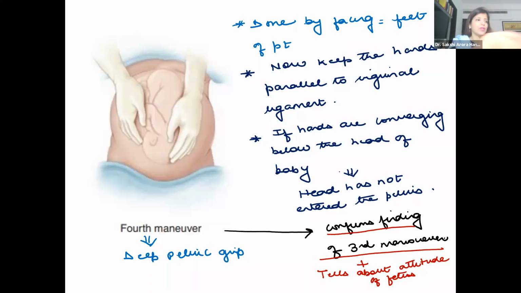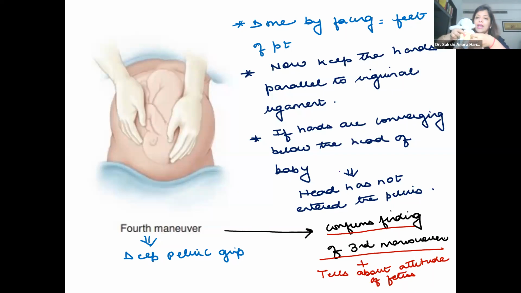Plus, now look again over here. If the head of the baby has not yet entered the pelvis, when I do Leopold's fourth maneuver, both my fingers are going to converge below the head. So if your fingers can converge below the head, that means the head has not entered the pelvis.